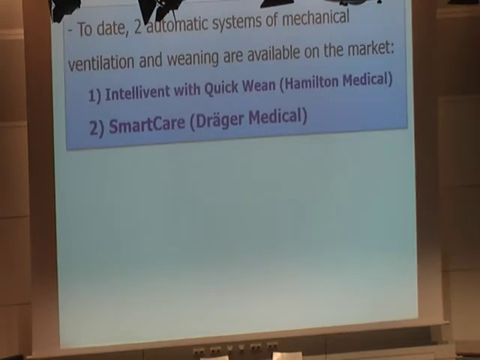To date, there are two automatic systems of mechanical ventilation for weaning available on the market. First of all is the Intellivent with Quick Wean from Hamilton Medical, and the SmartCare from Draeger Medical.